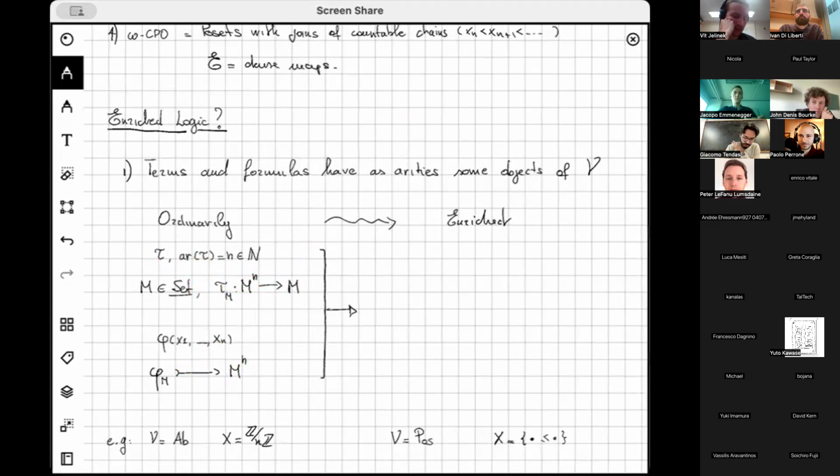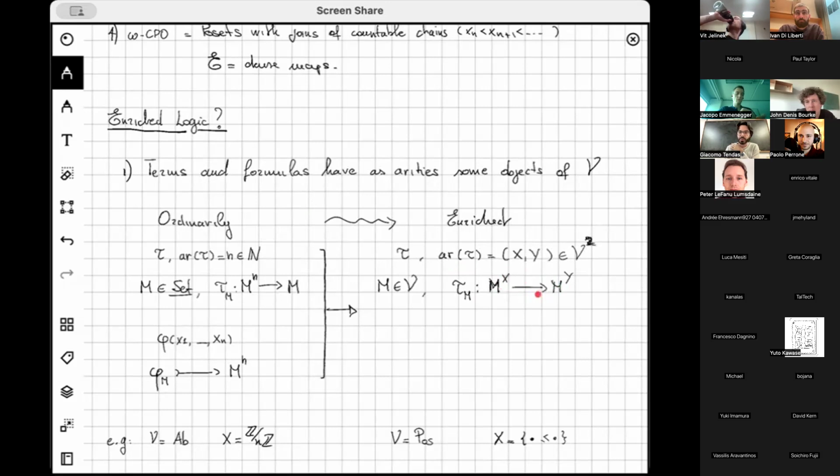In the enriched setting, instead, when you have an operation symbol, its arity will be a pair of objects of V. So when you have objects x and y in V, the interpretation of your operation symbol will be a morphism from M^x into M^y.